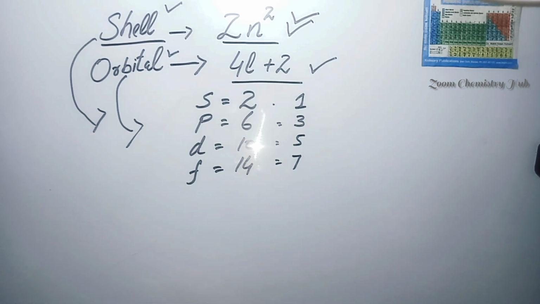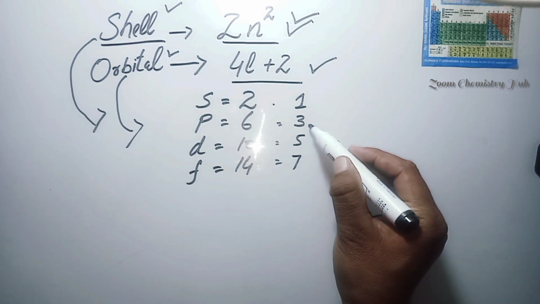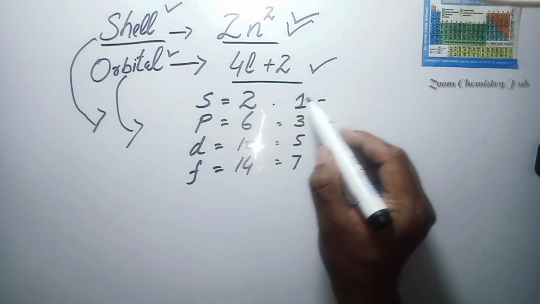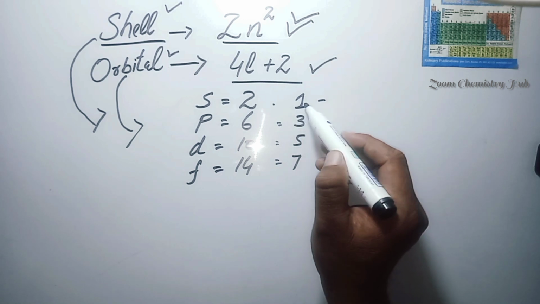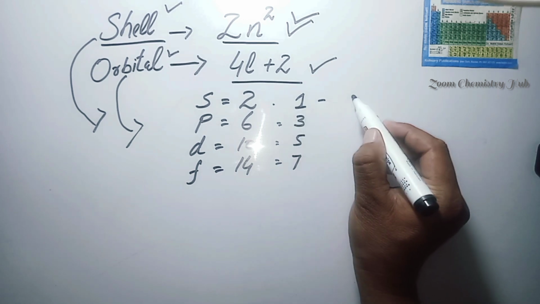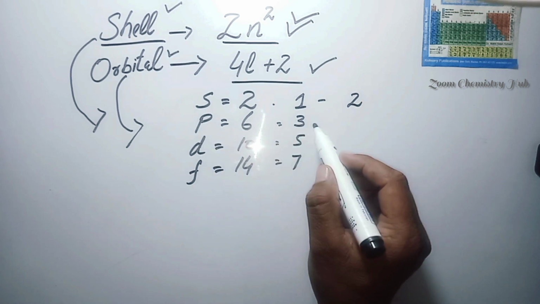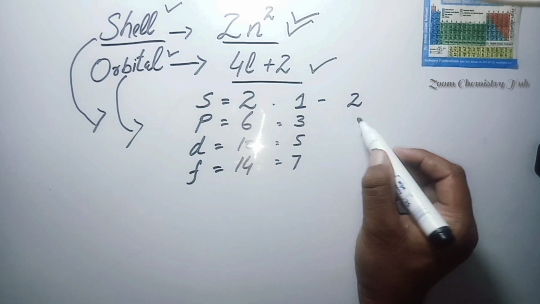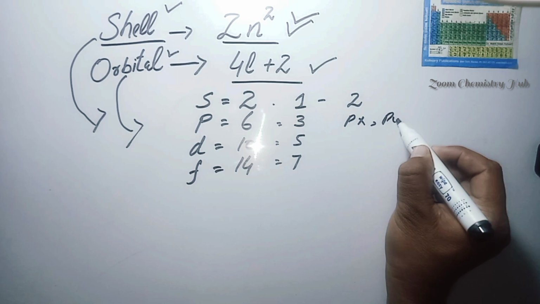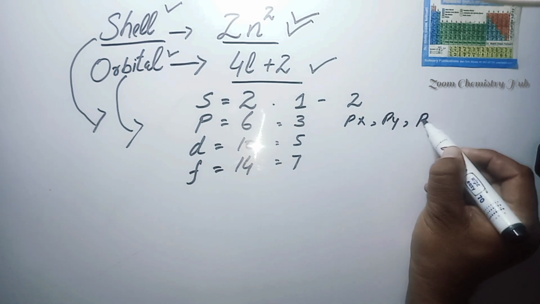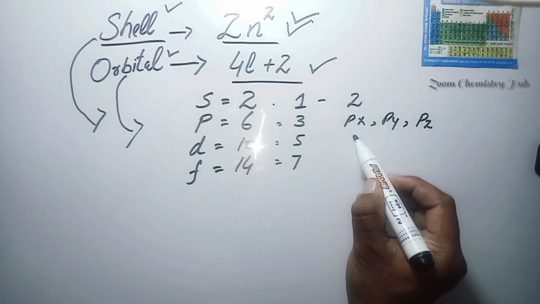So the s subshell has a single orbital, so it contains only 2 electrons. The p subshell has 3 degenerate orbitals, that is px, py, and pz.